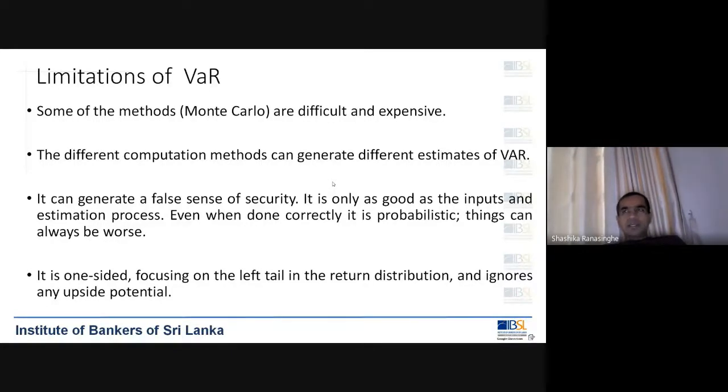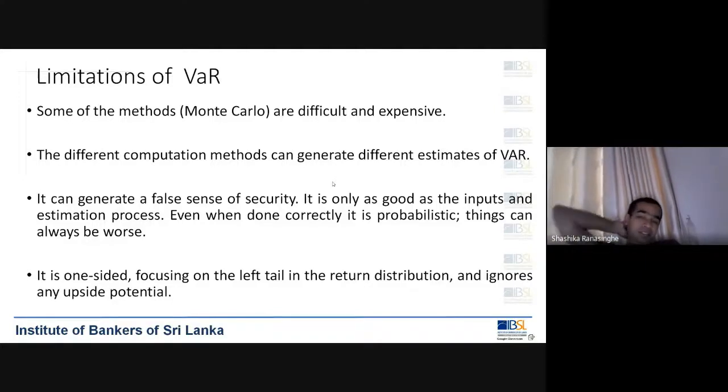Okay, so if you use Monte Carlo, historical, and analytical, you might end up getting 3 different numbers of value at risk. So which one do you use? It can generate a false sense of security. It is only as good as inputs and estimation process. Even when done correctly, it is probabilistic. Things can always be worse, right?